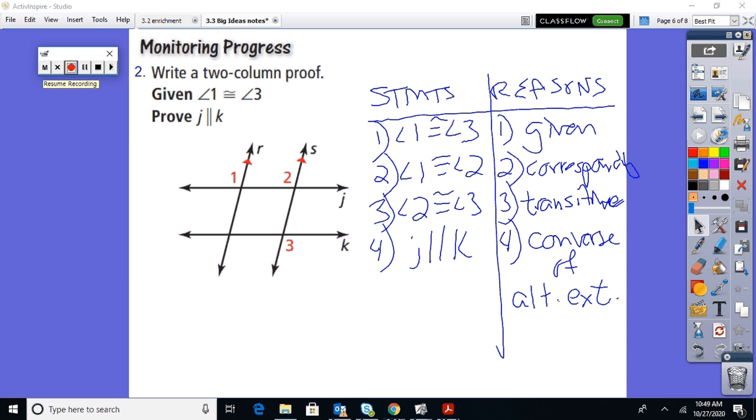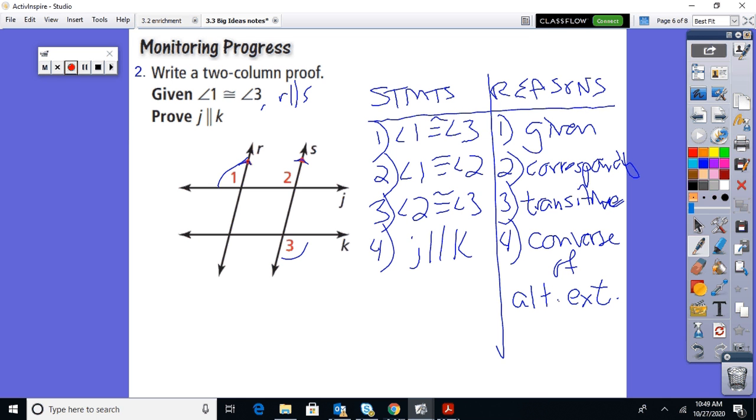All right, so hopefully you got a little something like this, my friends. You've got your given, and then the brainstorm concept here is we know that 1 is congruent to 3, given. And we also know that we have the parallel lines R and S. Sometimes that'll be up here; in this case, it's not.